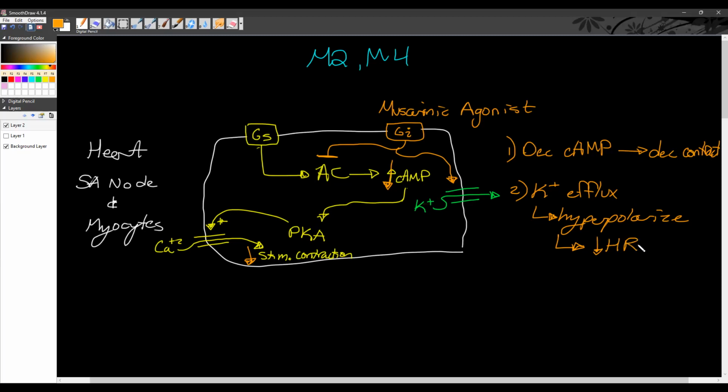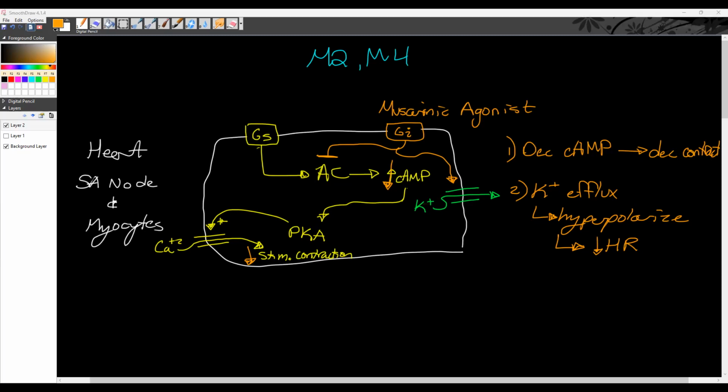We're going to make it harder for the SA node to fire, which means it's going to take a much bigger stimulation for the SA node to make a beat happen. Any questions about these two effects of a muscarinic agonist? All right.